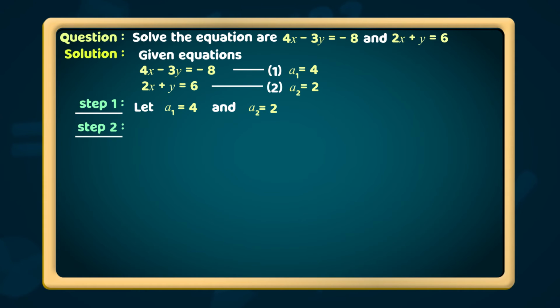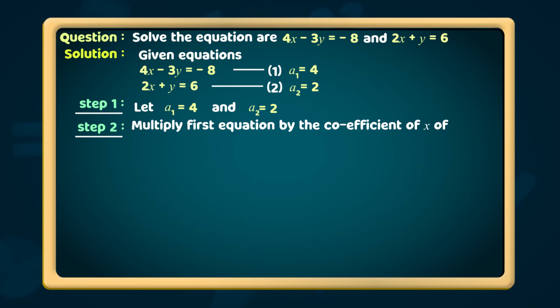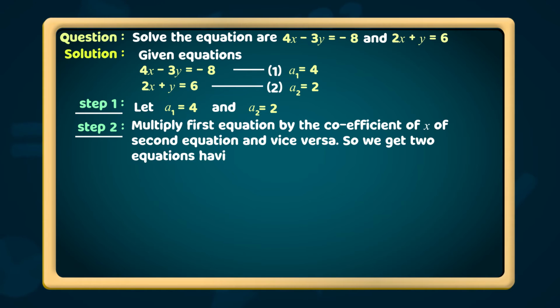Step 2. Multiply first equation by the coefficient of x of second equation and vice versa. So, we get two equations having same coefficients for one variable.